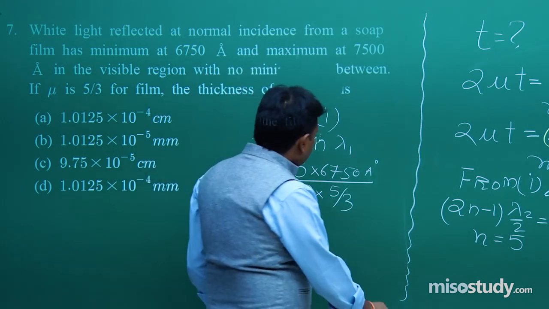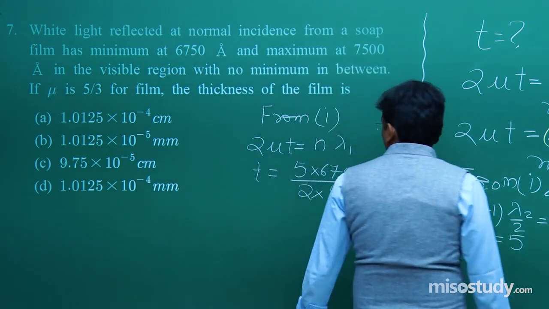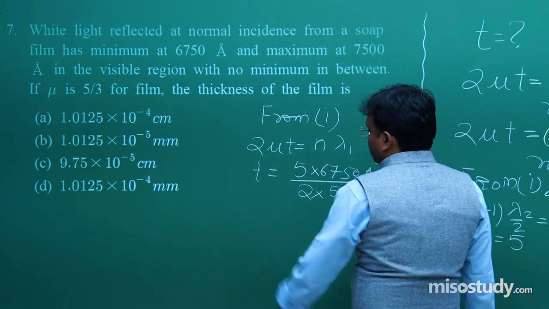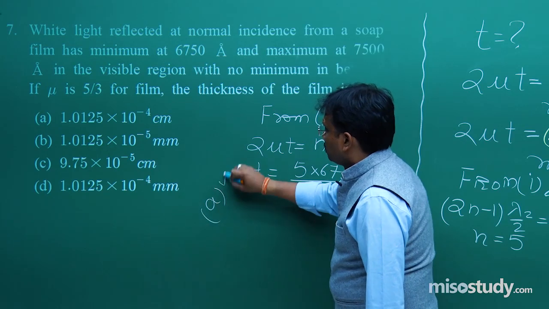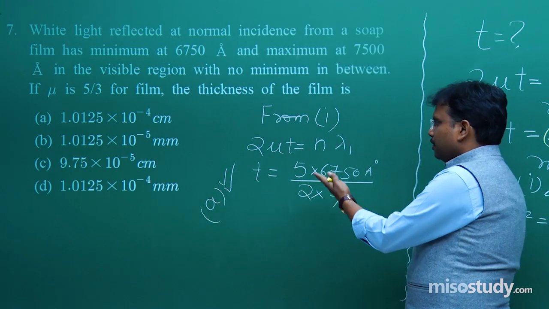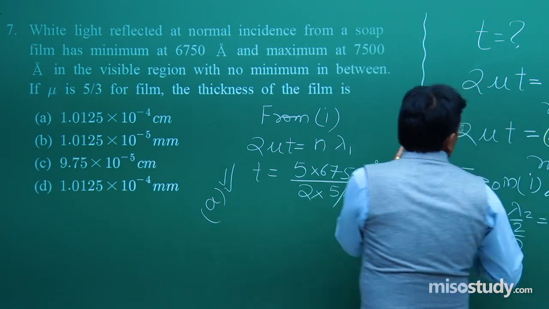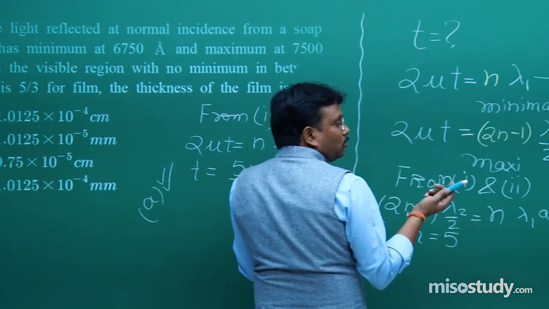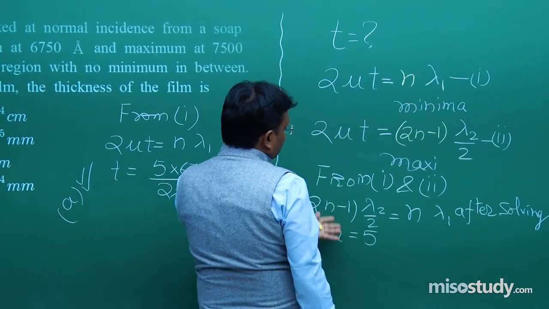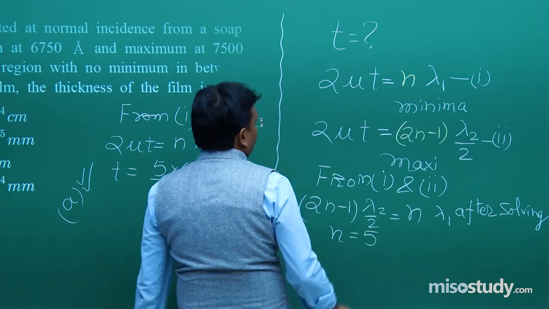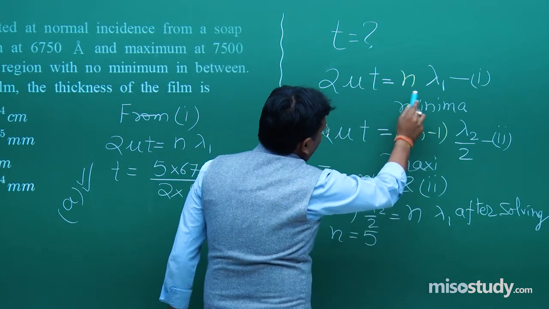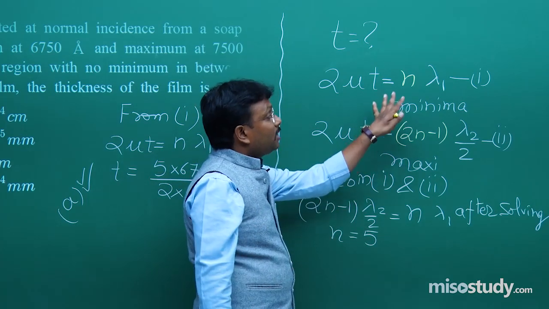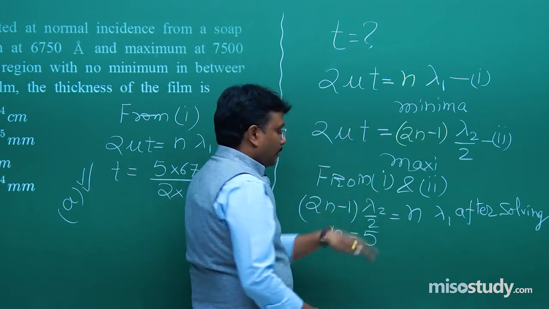Once you solve it, you will get A as the correct option. Simple calculation is now remaining. You can use formula number 2 or 1. Ultimately, by solving these, we tried to find the value of n. That is why I marked this term with a different yellow color, because it is our target.